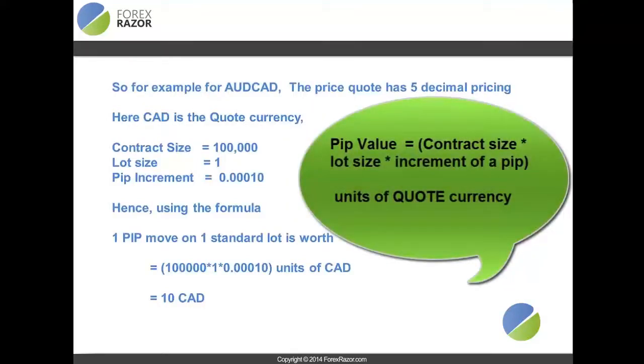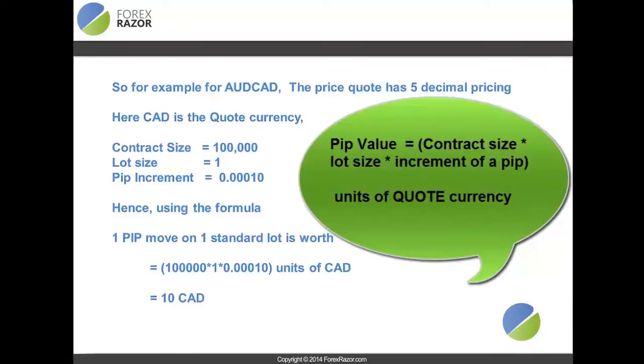Consider calculating the pip value for one standard lot of AUDCAD. The price quote for that follows 5 decimal pricing. Here, Canadian dollar is the code currency. The contract size is 100,000, which remains constant for all currency pairs. The lot size is one standard lot, and the pip increment is 0.00010, which is the same for all 5 decimal pricing quotes.